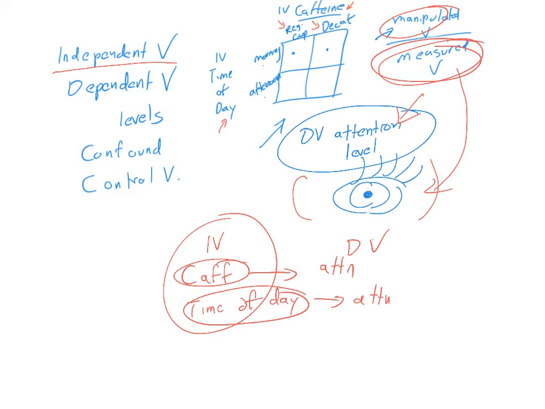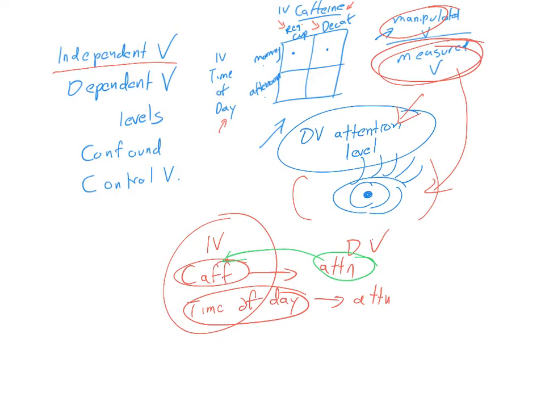Sometimes you can figure out which one is the IV and the DV just by logically thinking about whether it is possible for it to be the other way around. So for example, can you consider a situation where attention would change coffee intake? I'm not saying people who are less able to pay attention drink less or more caffeine. I'm saying, can you think of a situation where, because I'm falling asleep, suddenly I jump into the other category of decaf coffee?